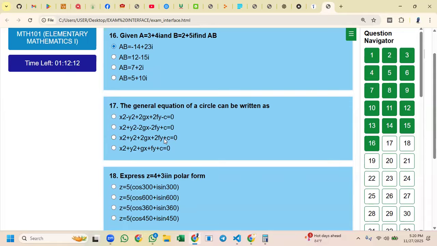Not only that everything is plus, because you can see options C and D, everything there we have them plus. But you have 2FY, not just FY. You have to make every item uniform there, apart from the constant, which is C, which is having 2. So this is the answer.